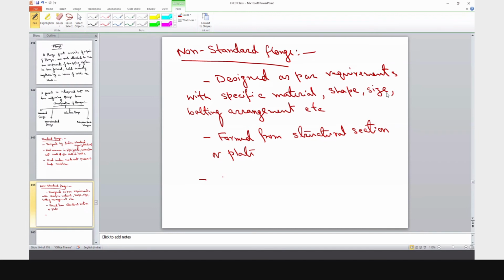And specific design procedure needs to be followed.